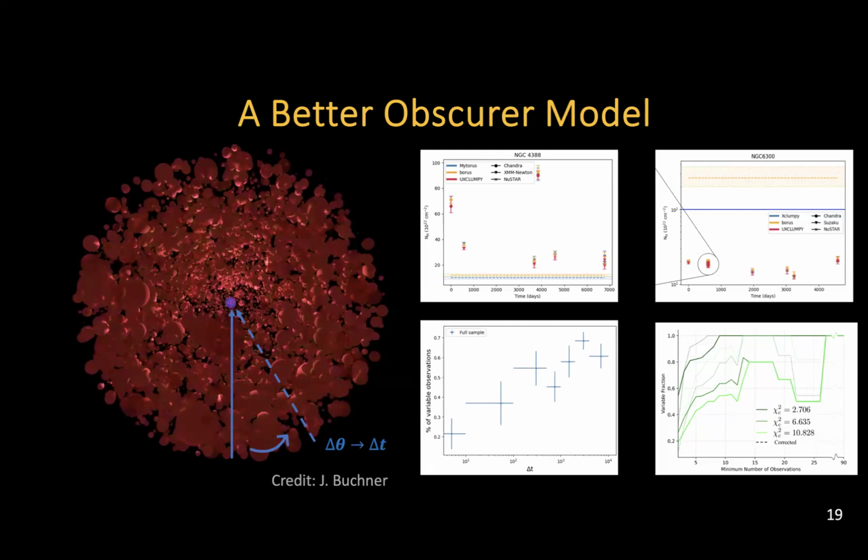Sometimes a lot of clouds, sometimes not. Then again, if you try to reproduce the patterns, not of individual sources now, but of the whole population, you can set some constraints on the average geometry and properties of the average AGN torus, right? And that's something that we can do with the two plots that I was showing you before, the dependence of variability with timescale and the dependence of variability with the number of observations.